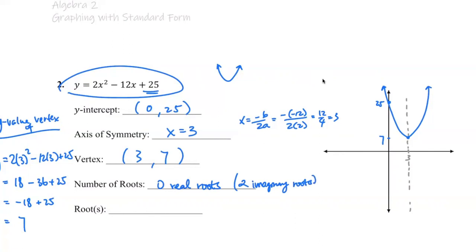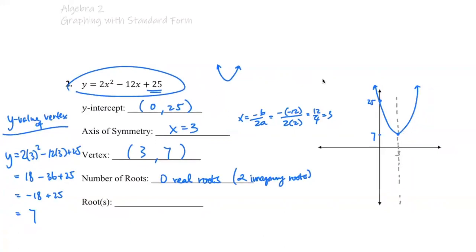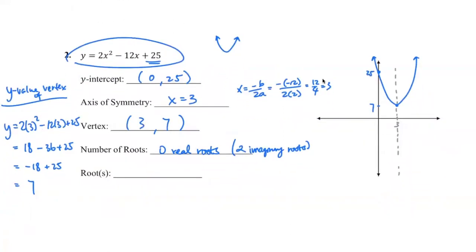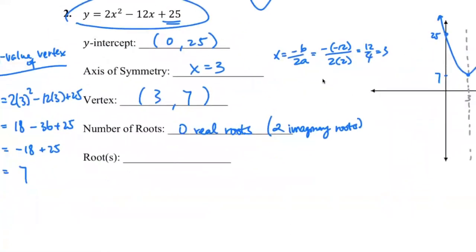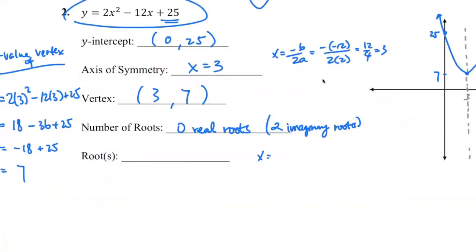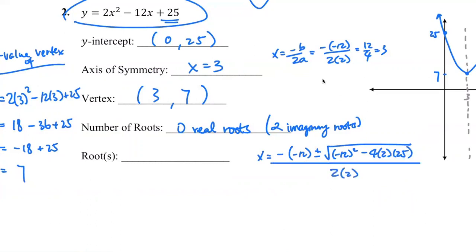Okay, but since we've got the vertex at (3, 7), it's above the x-axis, so it's not going to cut the x-axis at all. So we're anticipating 2 imaginary roots, and let's see if we are correct. Okay, so negative b, sorry, negative b plus or minus the square root of b squared minus 4ac, over 2a.